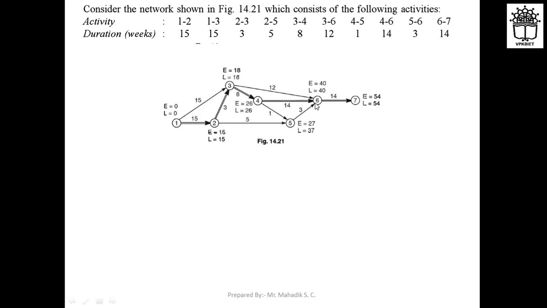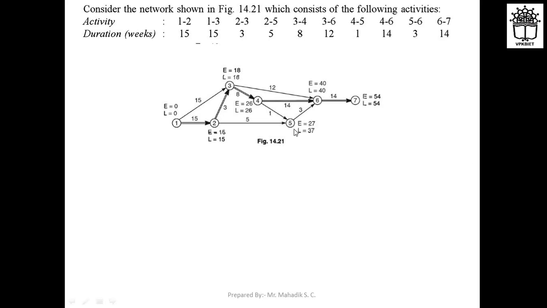Then for the L value of 6, just subtract the time duration from your previous L value, that is from the 7. That is 54 minus 14, it will be 40 in this case. Have you got this, how we have calculated the L for 6? Yes or no? Yes, sir. Okay.